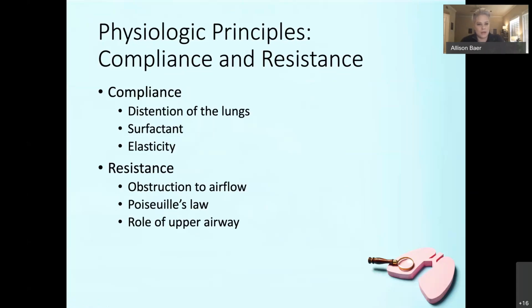And then resistance is just any obstruction to airflow. And I've got this word that I don't know how to say, Poiseuille's law, but I'll go over that in a second. It deals with the flow of air through a catheter or a tube. That speaks to the role of the upper airway as we branch down into the lower airways.